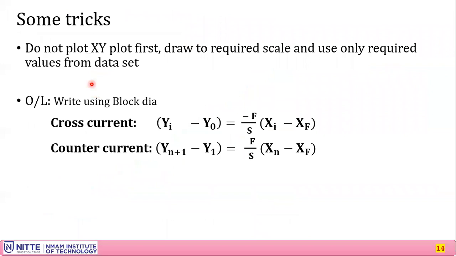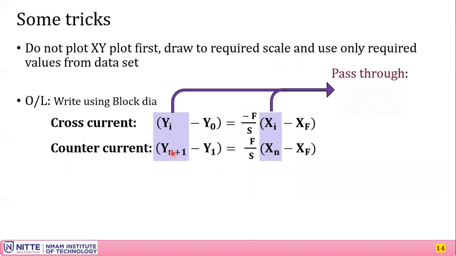Operating line. Now the two operating lines I have written. From what we have derived earlier, let us do the analysis. This is the equilibrium composition, yi versus xi, yn plus 1 versus xn. In fact, this is not an equilibrium value, but they lead to something. The line passes through these 2 points, xi comma yi, and xn comma yn plus 1.